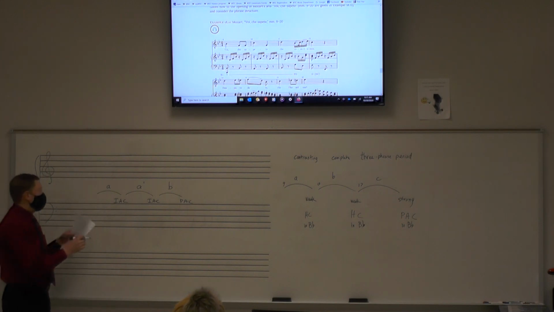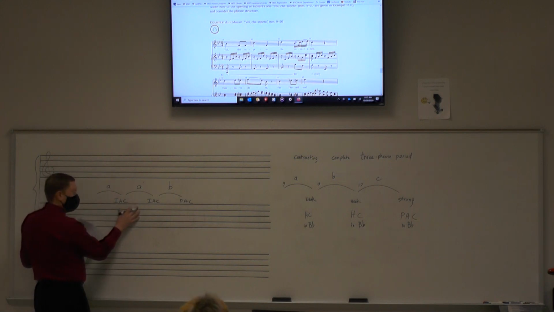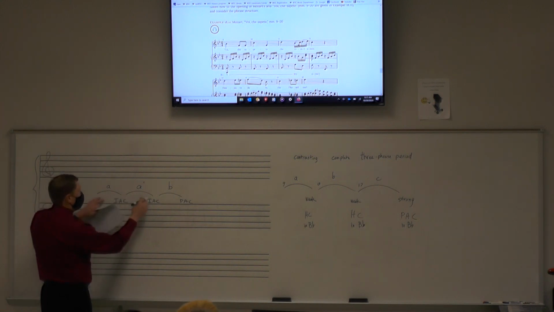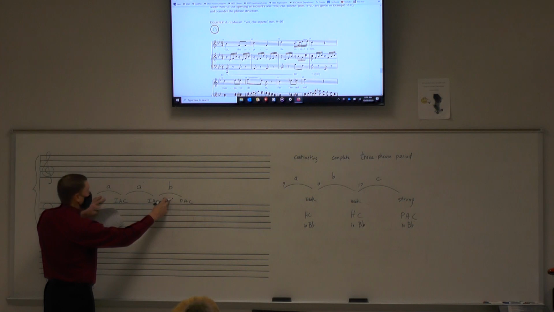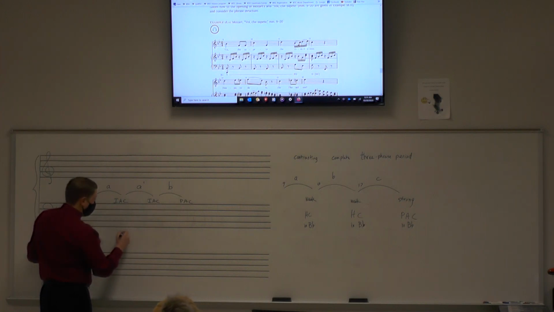Okay? So I might actually look at a graph like this and say, really we have 2 different phrases, A to B, which makes it a contrasting complete period. Oh, I didn't put any keys in there.